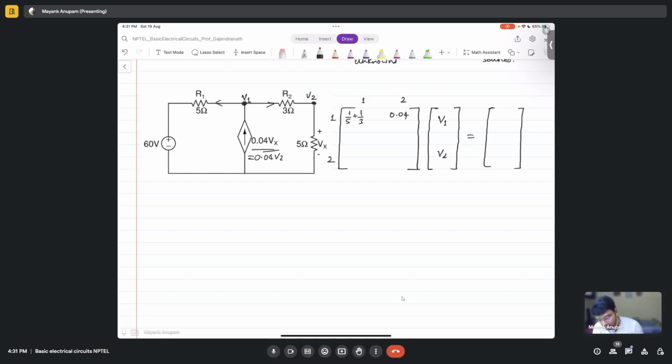And what about this node here? This one, sorry, the 2 comma 1 entry. Or before that, let me write this entry here. What will this be? 1 by 5 plus 1 by 3, right? Correct. And what will this entry be here?